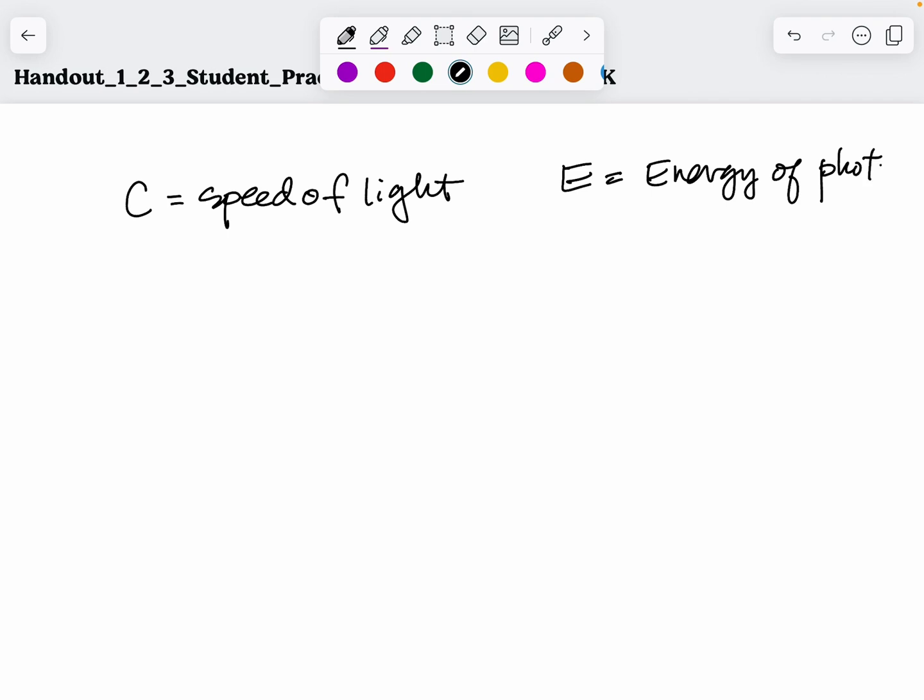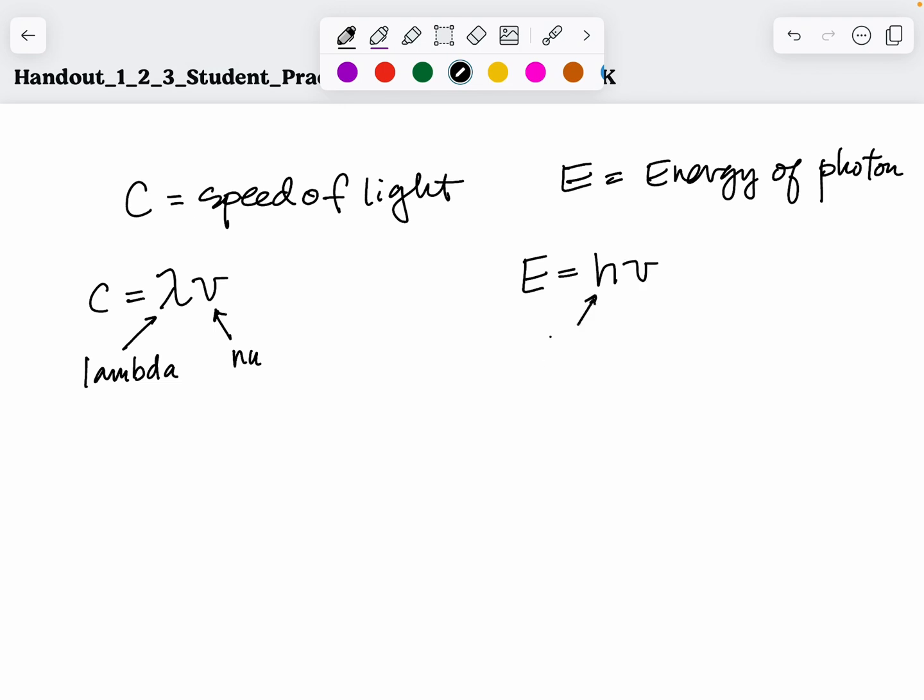So the formula for the speed of light is wavelength times frequency. This one is called lambda, and this one is called nu. Energy of the photon is Planck's constant, which we denote with h, times frequency.